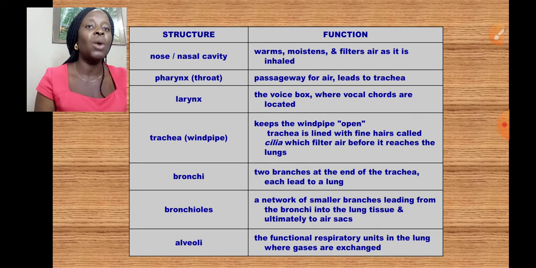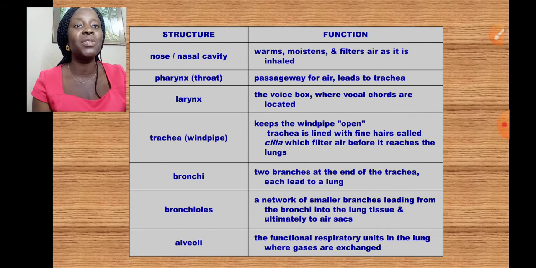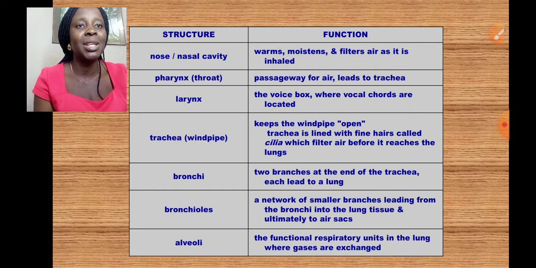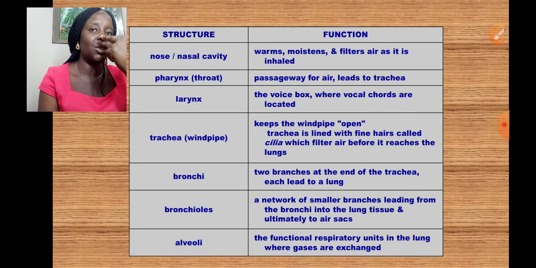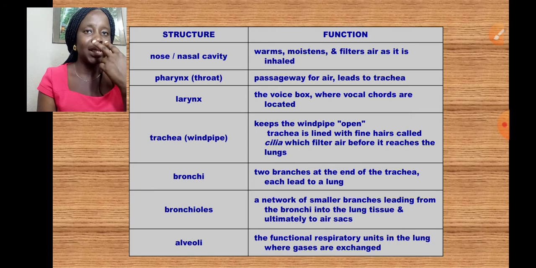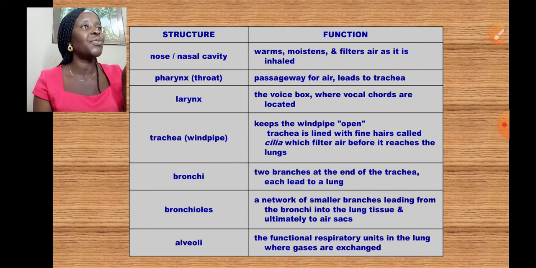So our nose or our nasal cavity is usually moist, and what it does is that it helps us to filter the air that comes into our nose, and also moisten. The place is usually moistened, so it allows for dissolving.